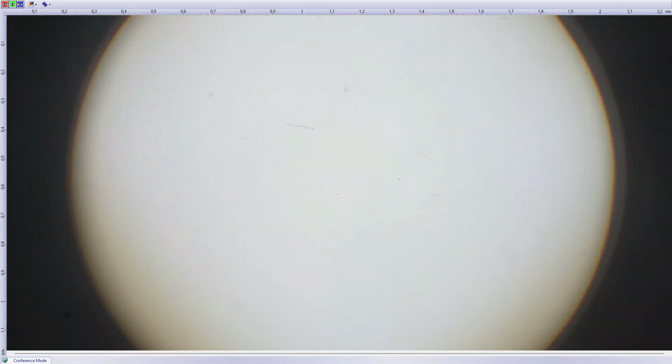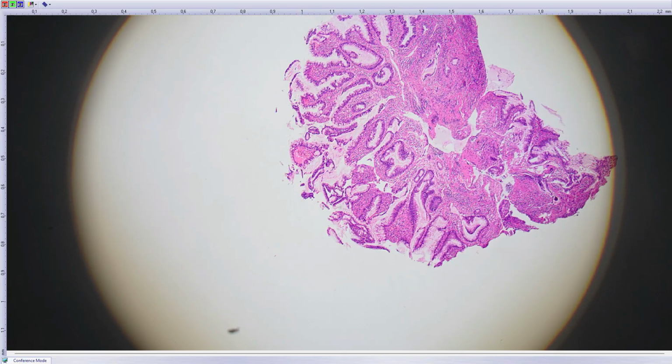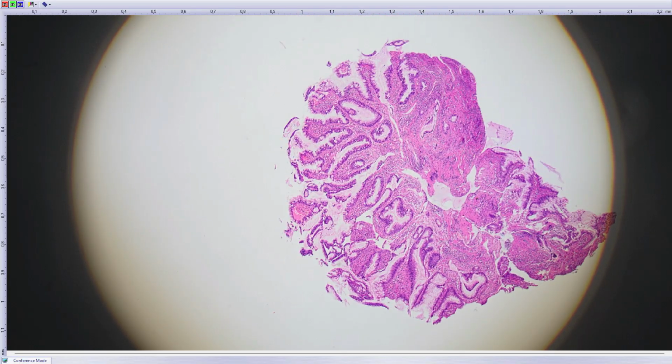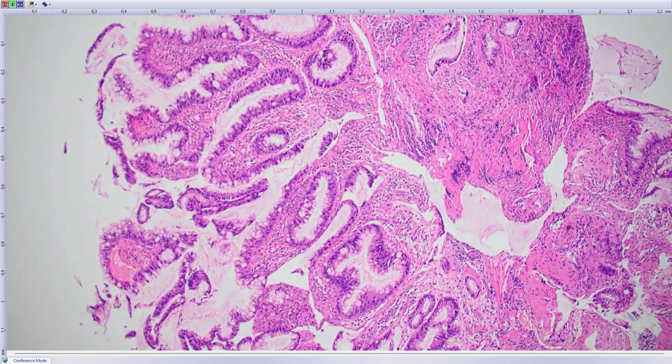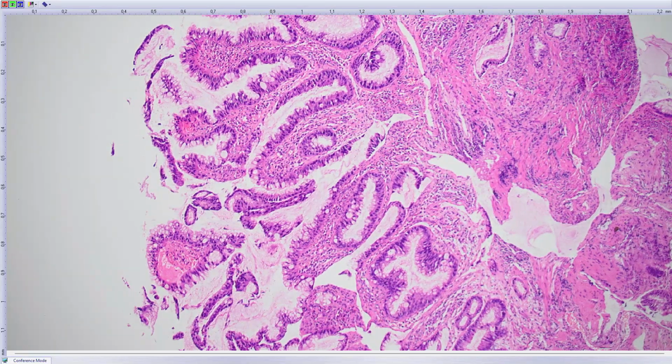My next case is from the GIT. This is a patient with a long history of IBD, inflammatory bowel disease, ulcerative colitis. They performed random biopsies from the mucosa.